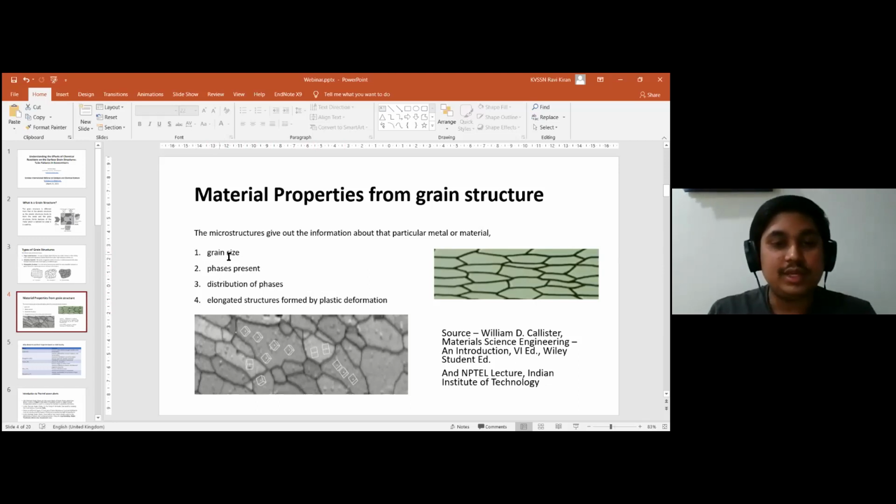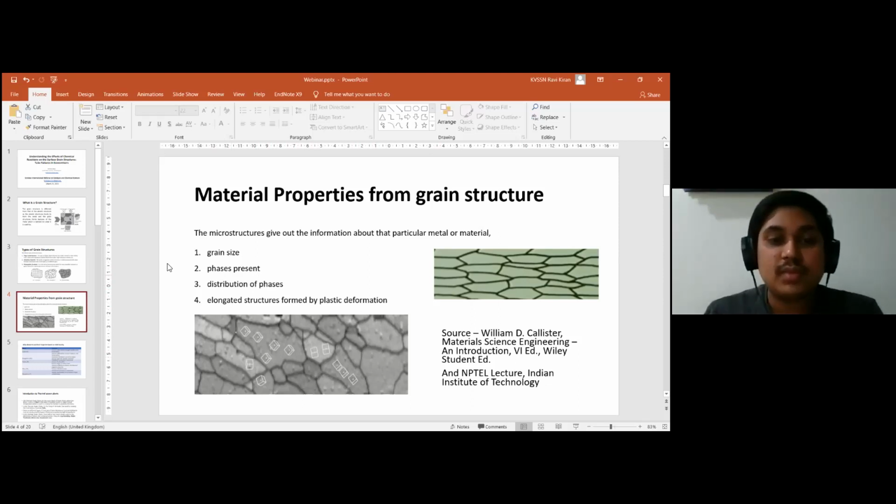We can check it with the help of grain size, phases present in it, distribution of phases, and elongated structures, which we can actually see in these images over here.